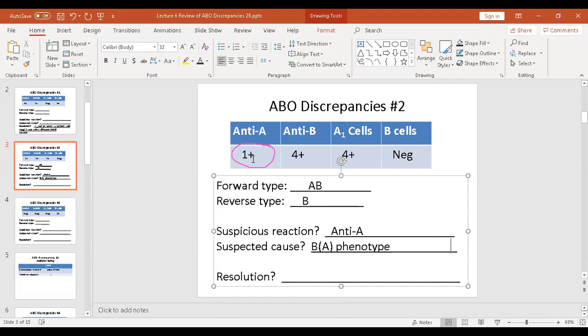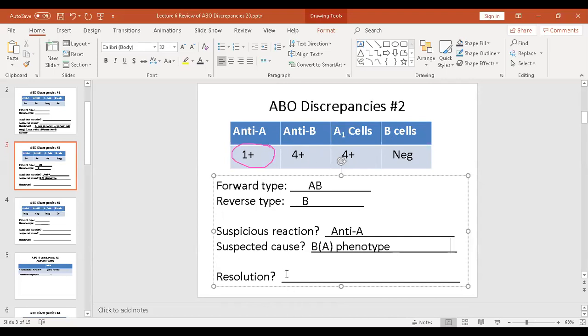So what can we do to resolve this? What we want to think is, if we can eliminate this reaction with the anti-A, if this turned into a negative result, would the forward and the reverse typing then agree? And they would, because if we could eliminate this to a negative result, then they would forward type as B and they would reverse type as B also.